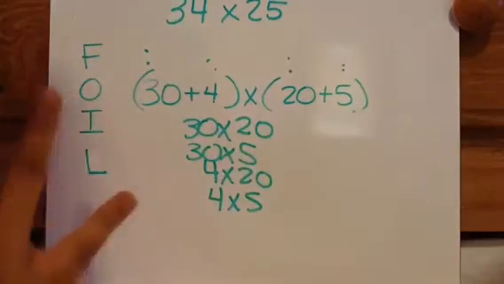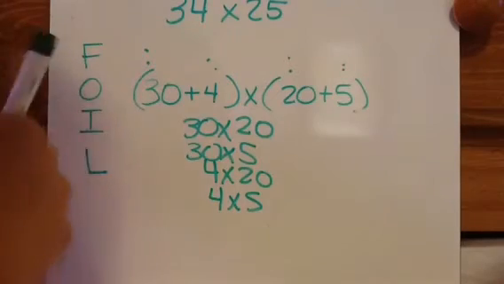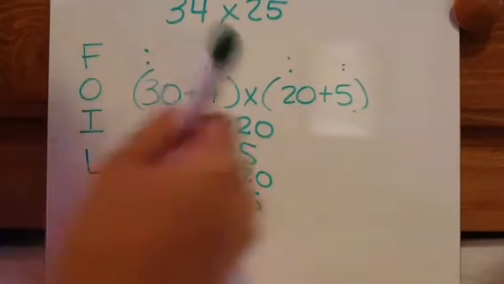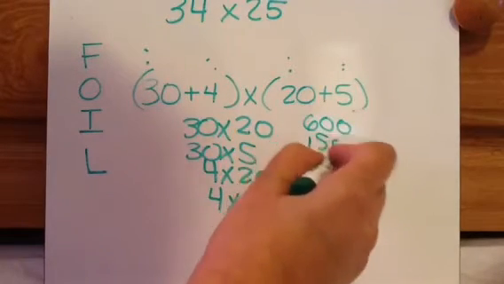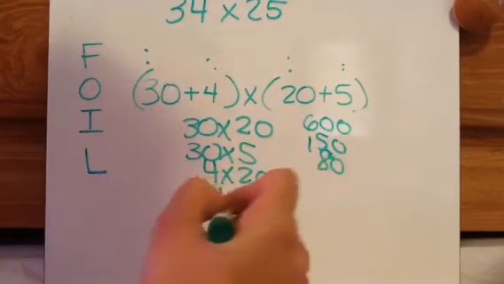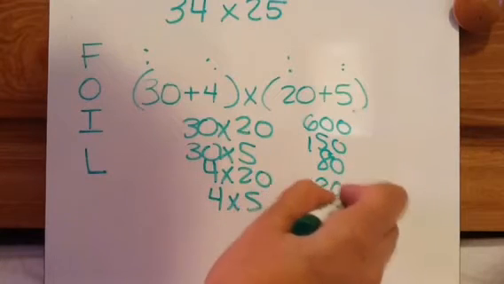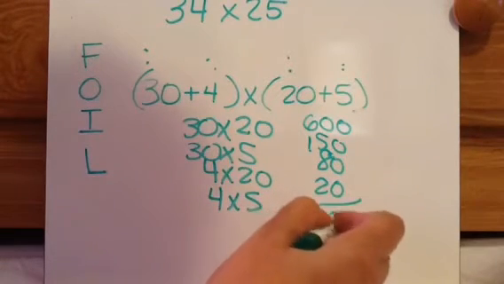So you've got to really keep track and make sure you're using each one twice and doing first, outside, inside, last. So 30 times 20 is 600, 30 times 5 is 150, 4 times 20 is 80, 4 times 5 is 20. When you add it up, you get 850.